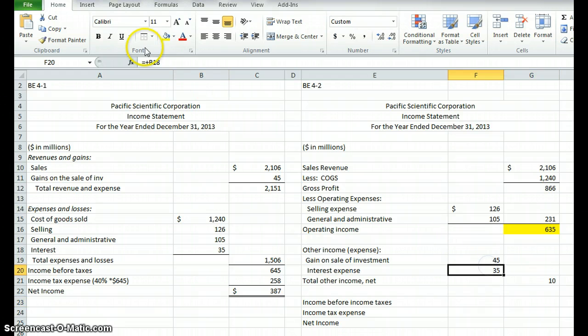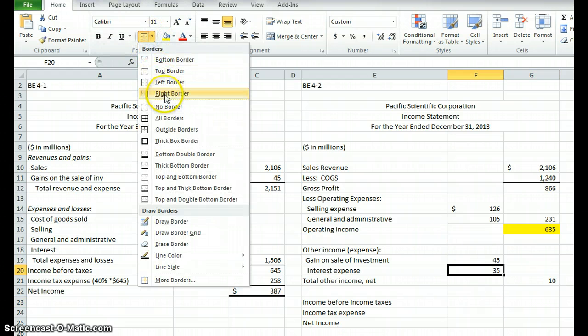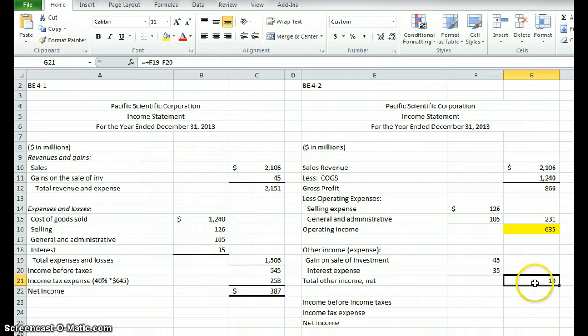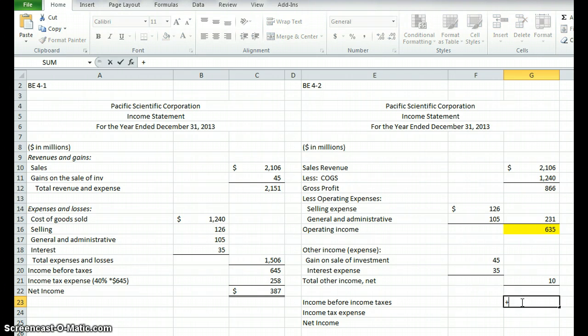I did some math, so I should indicate that before I move on. Now I'm going to calculate my income before taxes, and my income before taxes is going to be what my operating income was plus my non-operating income, my other income, which is $10,000, so $645,000.